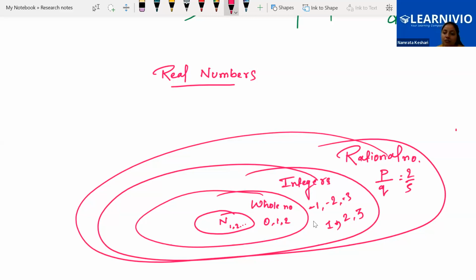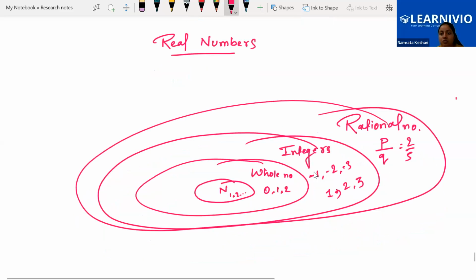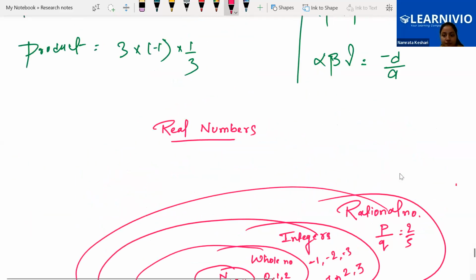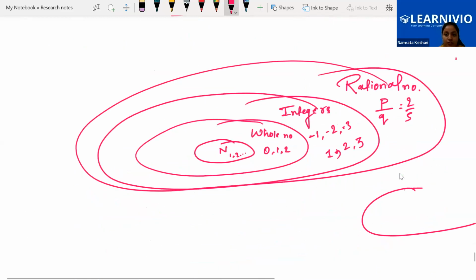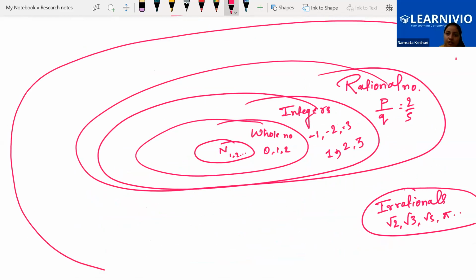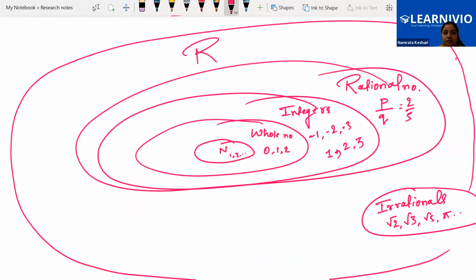Then there are numbers which are not rational, which are irrational, and examples of irrationals were √2, √3, √5. Everything all together is called real numbers.